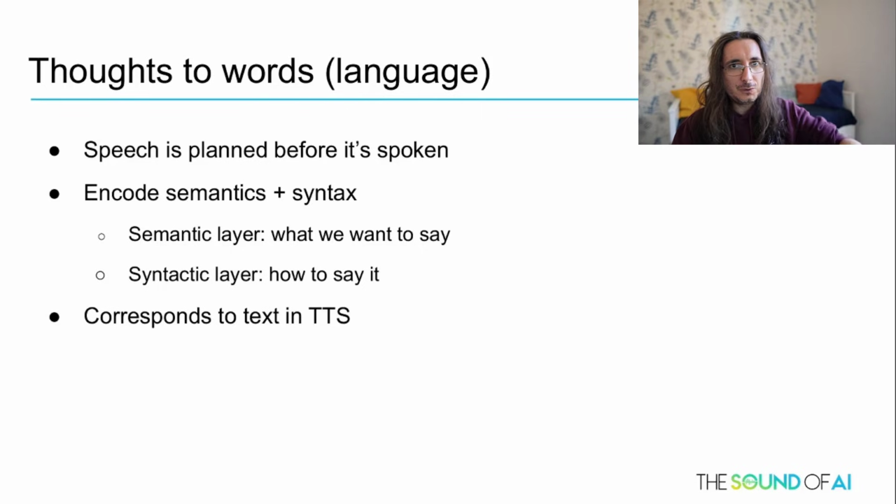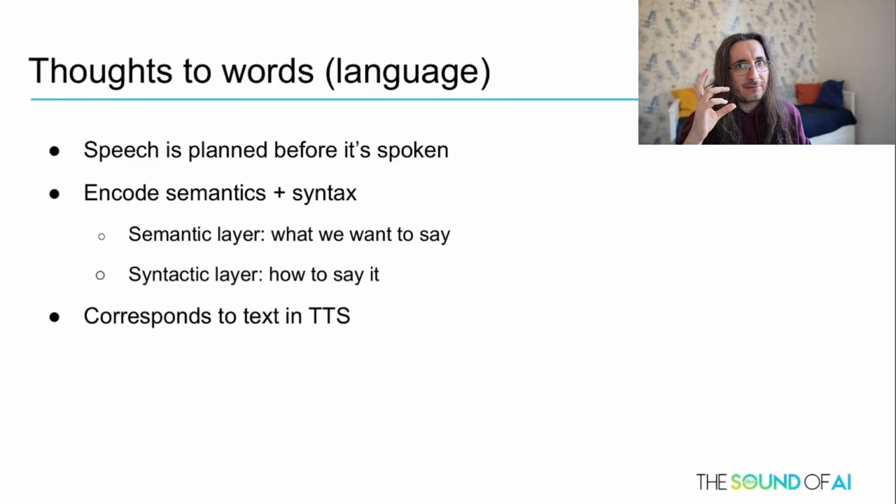But before you do that, you come up with language, with actual words. And these sequences of words do encode a couple of things. They have the semantic layer, and that is the actual meaning. So what we want to say, the semantics of a word, it simply is its meaning.